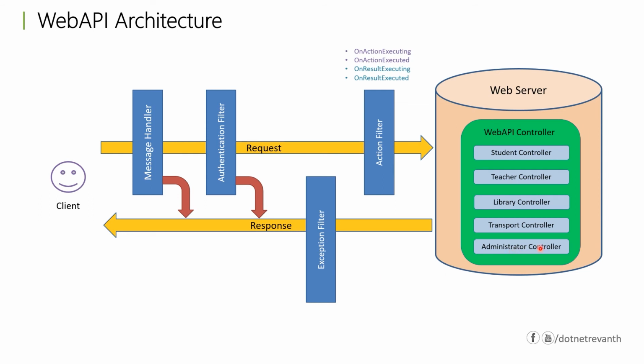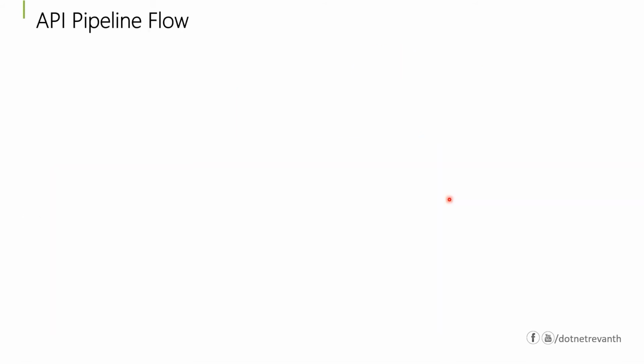So when an exception occurs in the WebAPI, it will be handed over to the exception filter. This exception filter will process the exception and give the response back to the client. And there is one more filter, that is the custom filter. We will discuss more details about how to create a custom filter while we do programming.